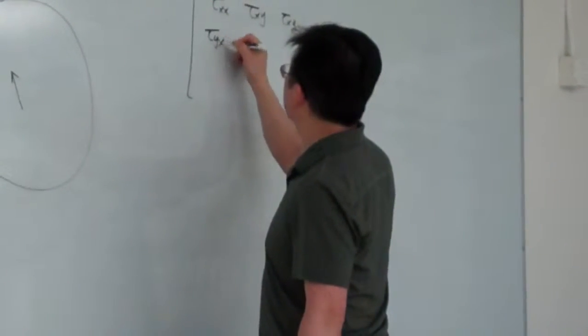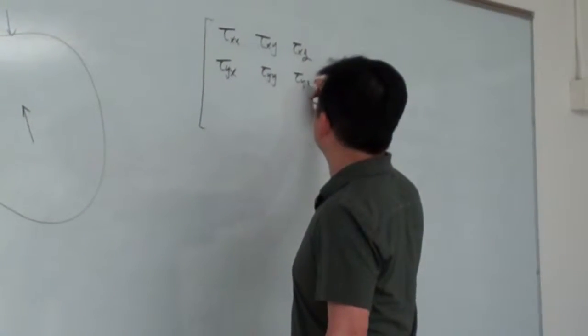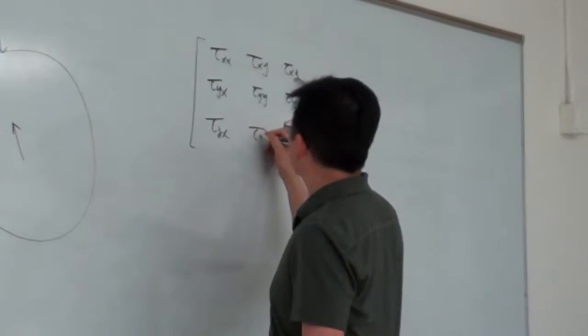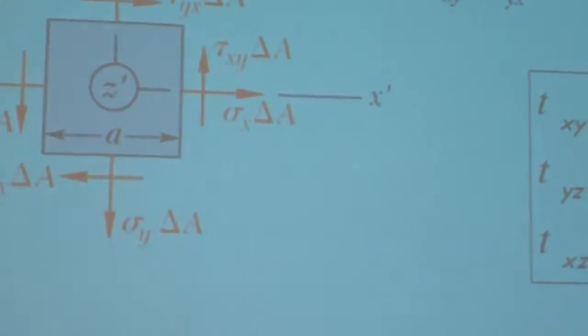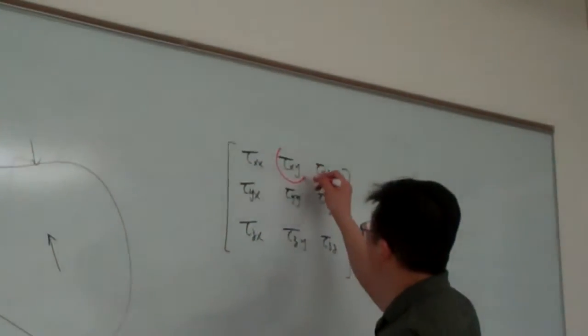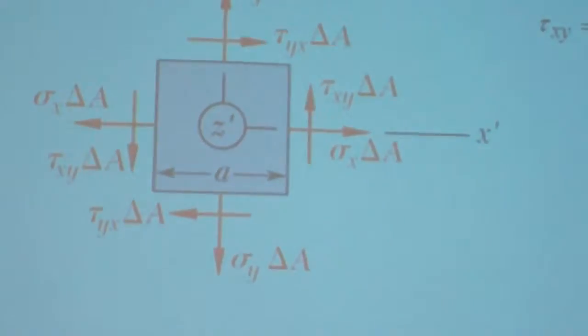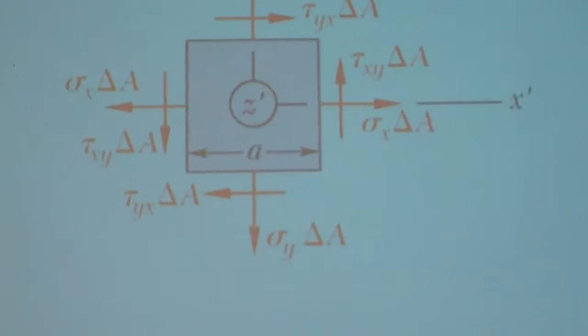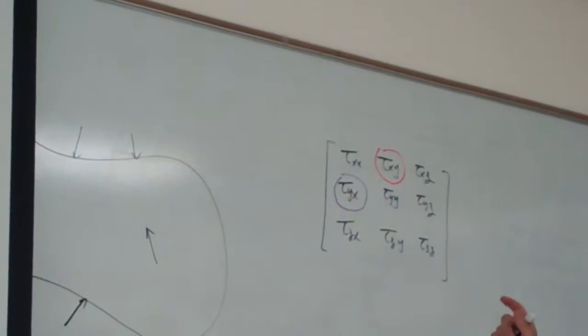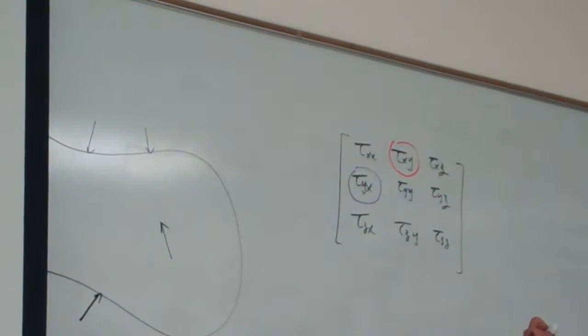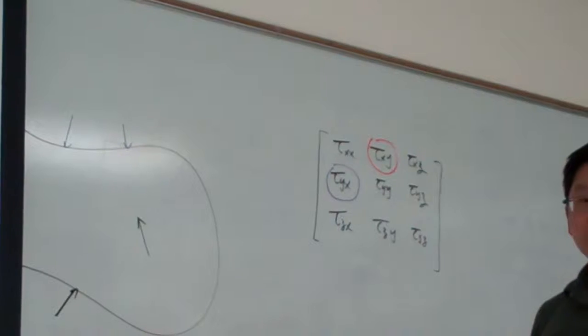Let me rewrite. And for this one, tau xy, in terms of our expressions, it is located here. And for tau yx, the location in our expressions is here. So basically, I want to show you they are different components. In mathematics, that indicates different attributes.